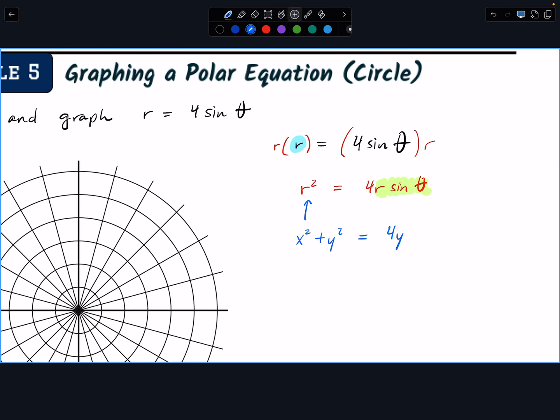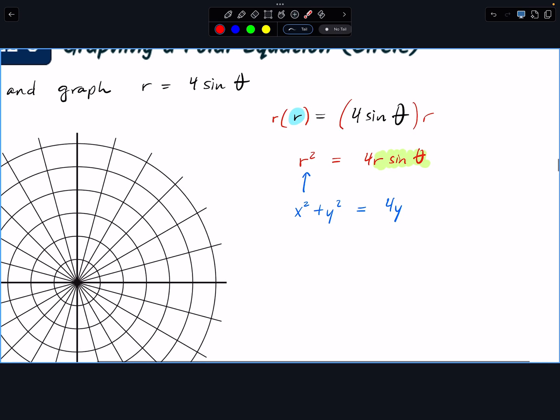Spoiler alert, you guys probably already know what's going to happen. I need to complete the square, so I need to move this term to this side. So x squared plus y squared, I'm going to subtract the 4y to this side and leave some space. So if I move it over, it's going to be equal to 0.